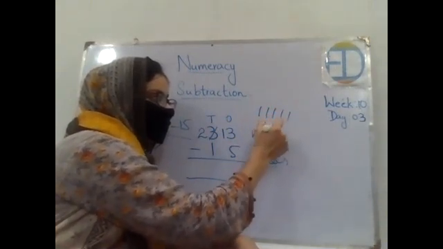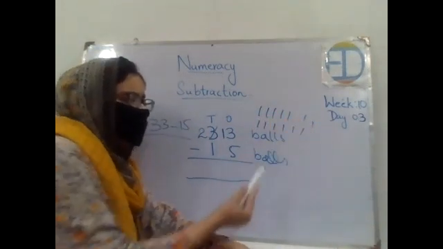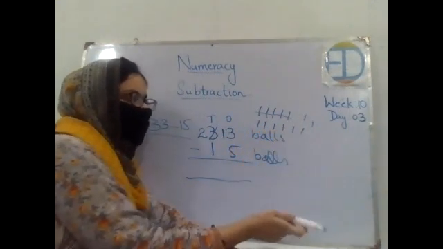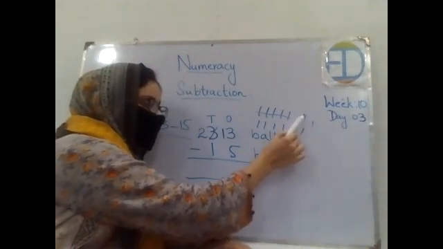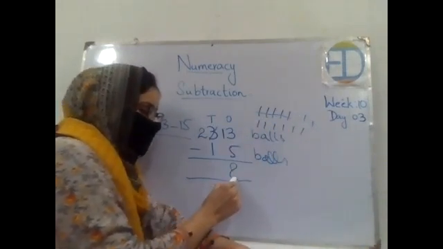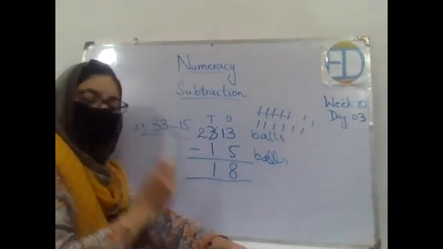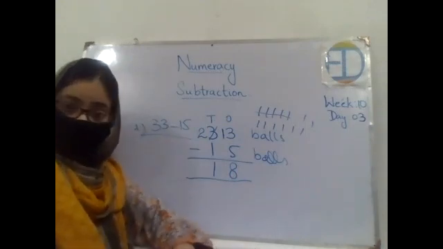These are 13, right? So subtract 5 from it: 1, 2, 3, 4, 5. Now count the remaining: 1, 2, 3, 4, 5, 6, 7, 8. So 8 comes over here. Now 2 minus 1 equals 1. This means that 18 balls are left with the shopkeeper.